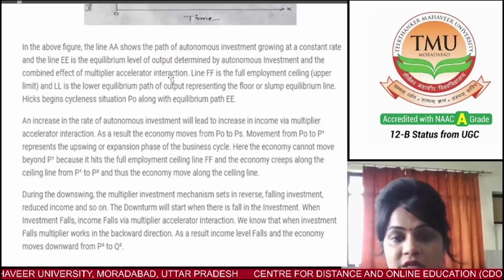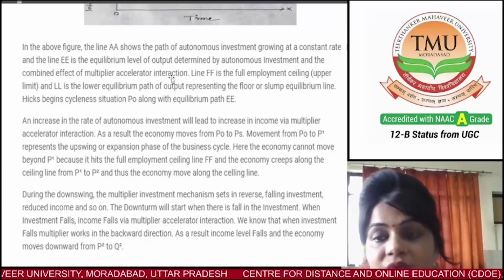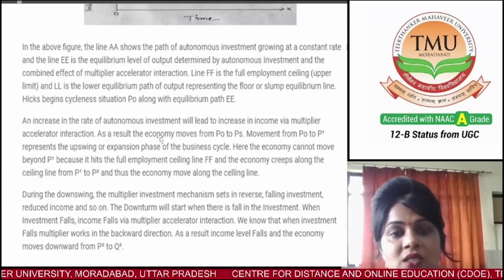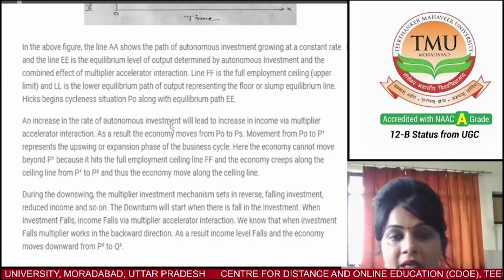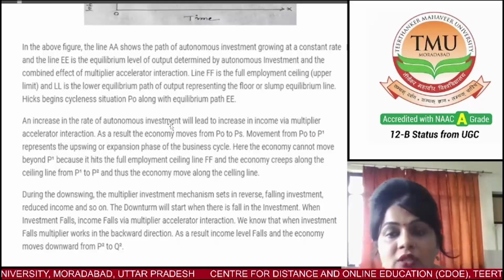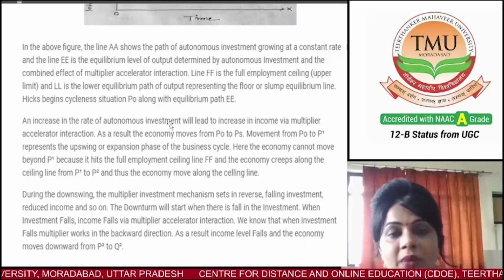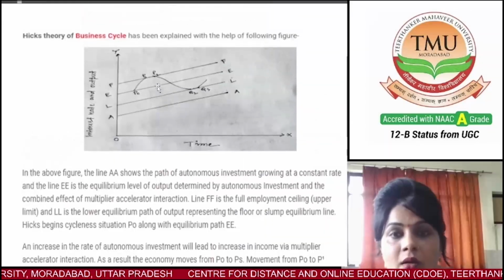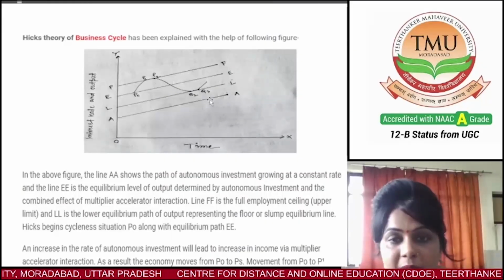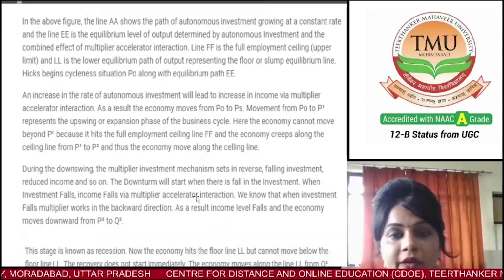The downturn will start when there is a fall in investment. When investment falls, income falls. With multiplier accelerator interaction, we know that when investment falls, the multiplier works in the backward direction.